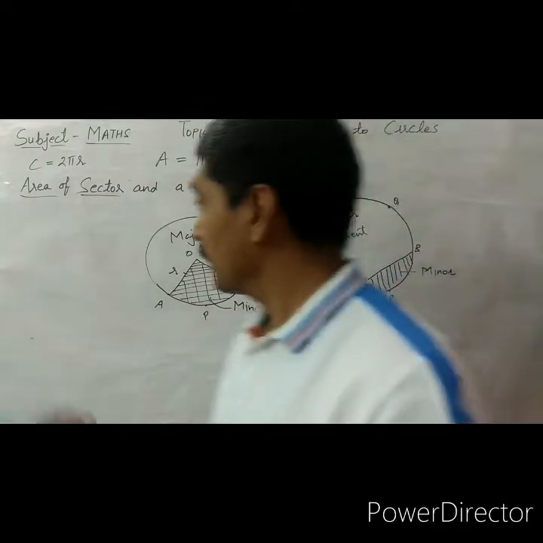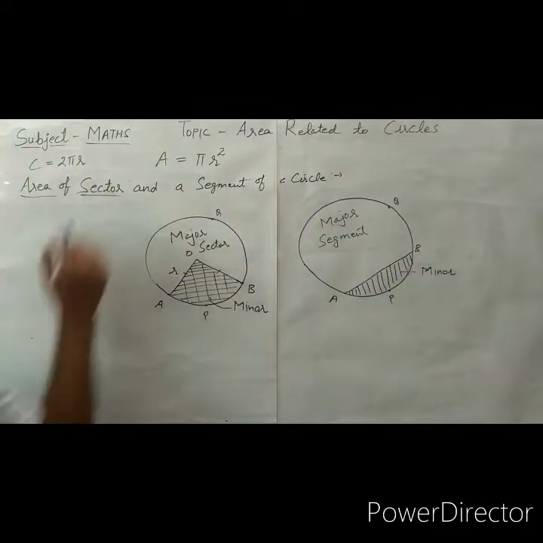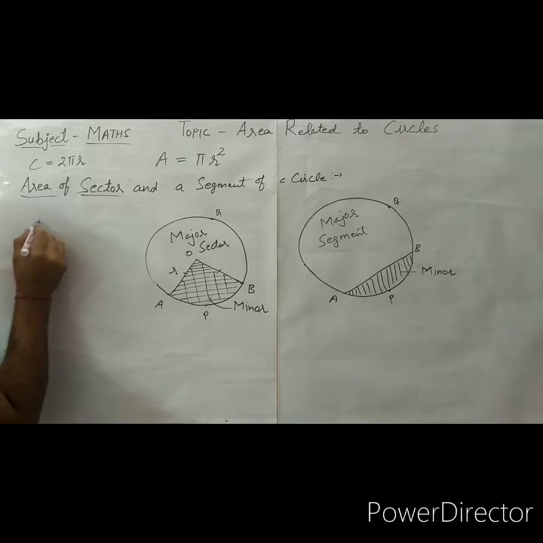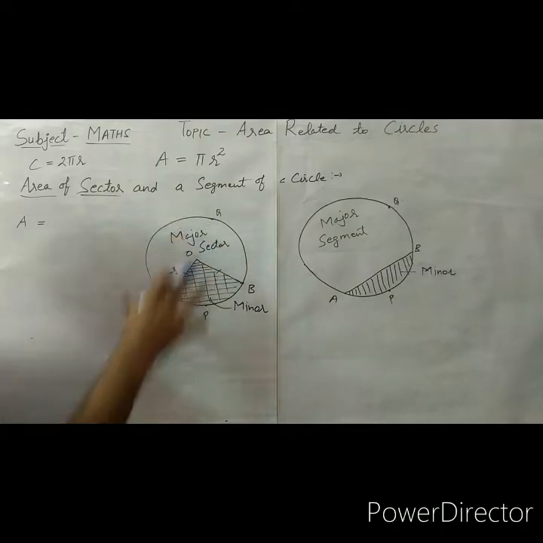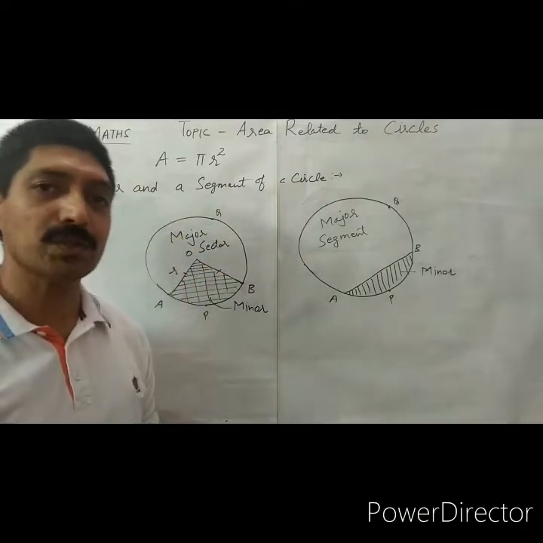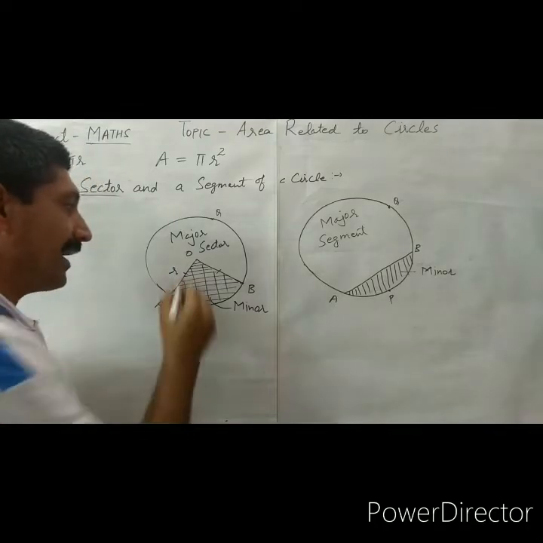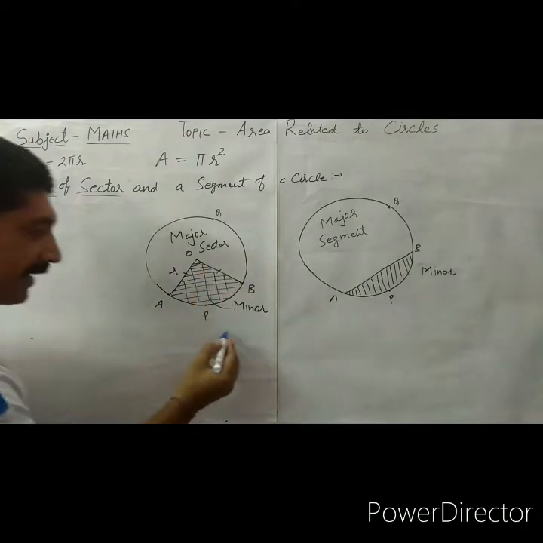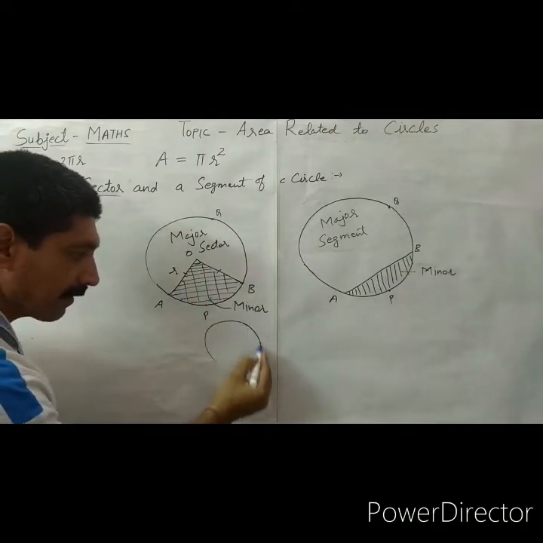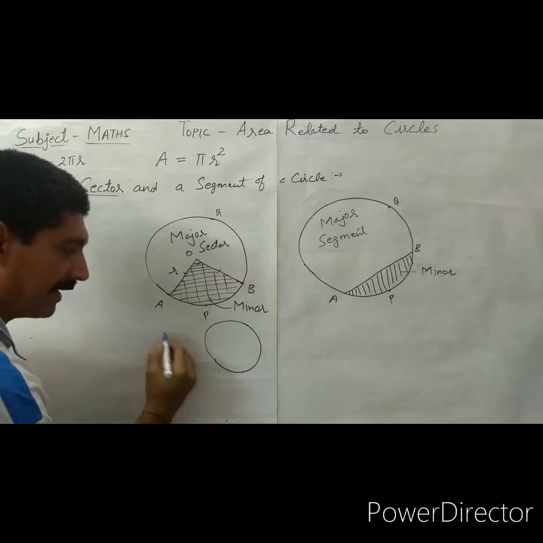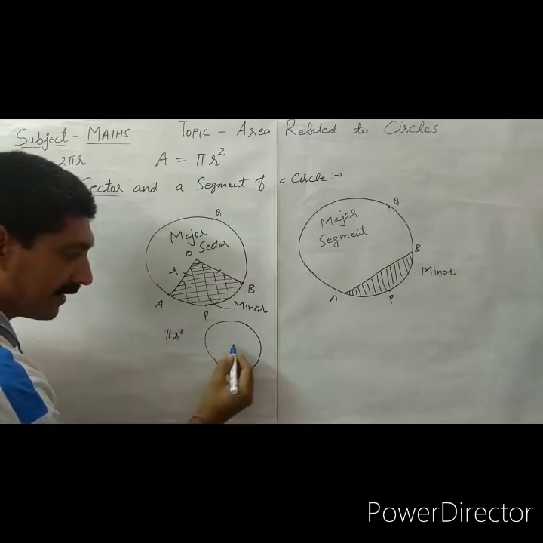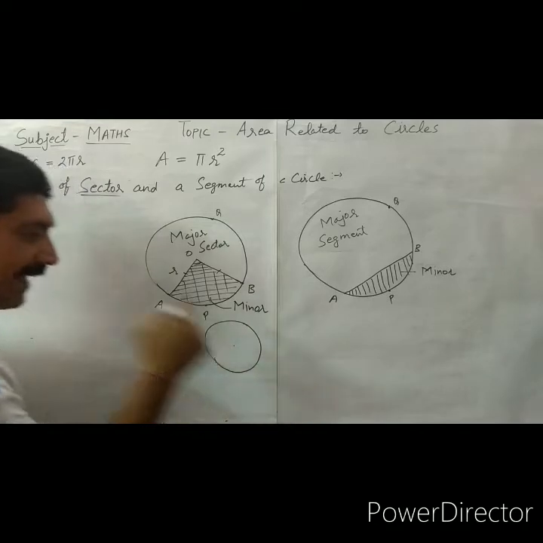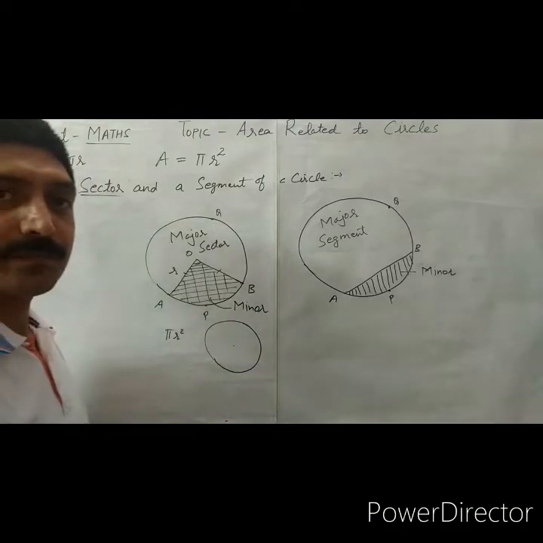So the area of a sector is equal to, we know the area of a circle is pi r square, and at the center the complete angle is 360.